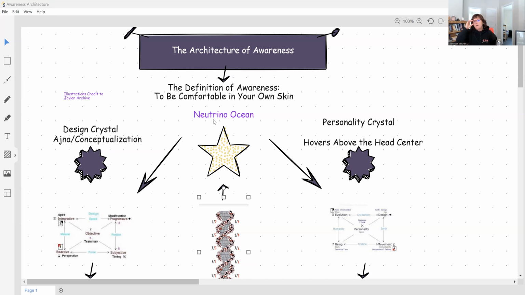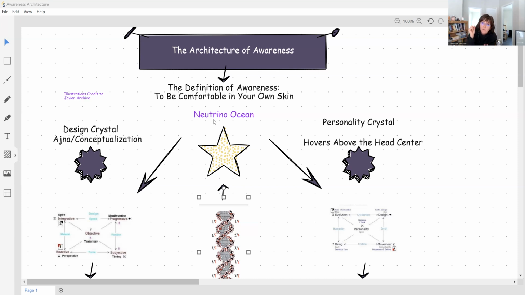Understand this neutrino ocean: there are so many organizations out there trying to duplicate data. That's why you have Google, Amazon, Facebook. Google is YouTube. Instagram is Facebook. TikTok. All of these things are just data collectors.